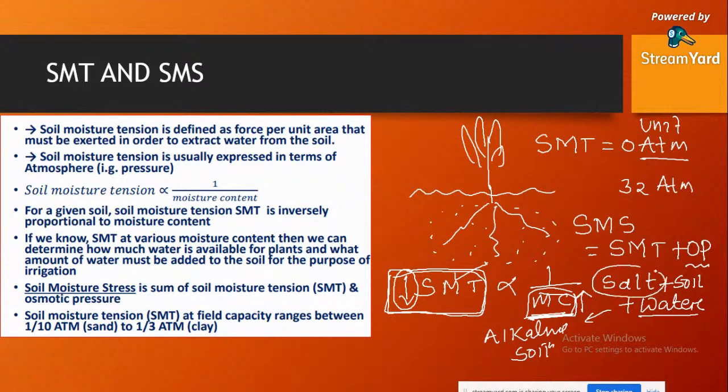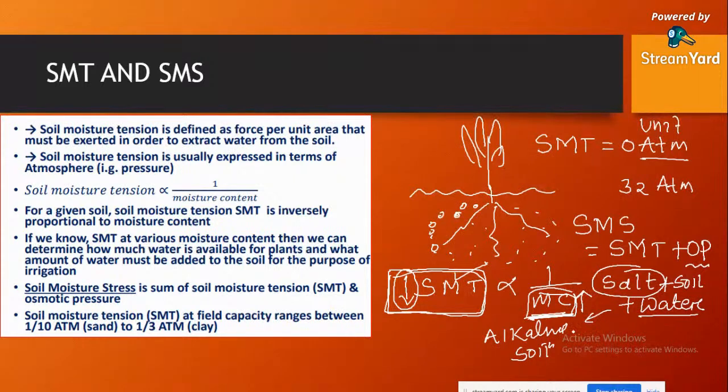This salt will go into the voids of the soil and clog all the voids. So again the plant has to apply much more force per unit area to extract the moisture from the voids, because all the voids are now occupied by salt particles.